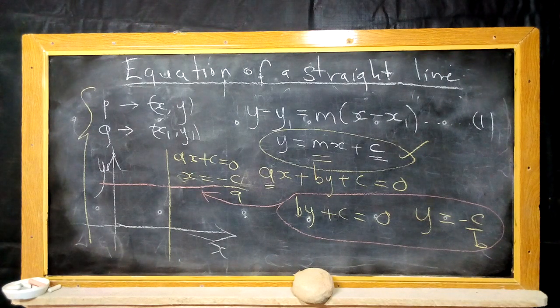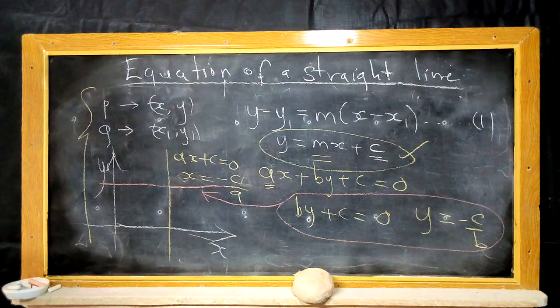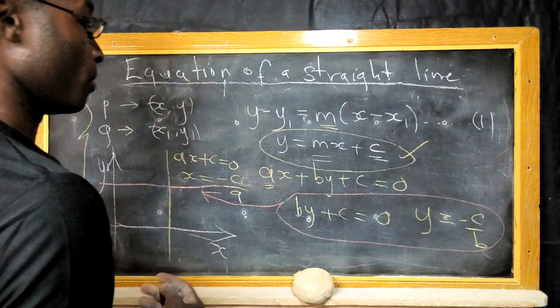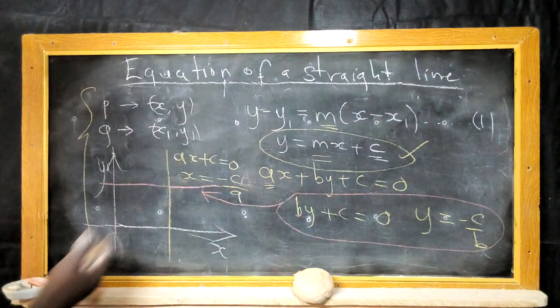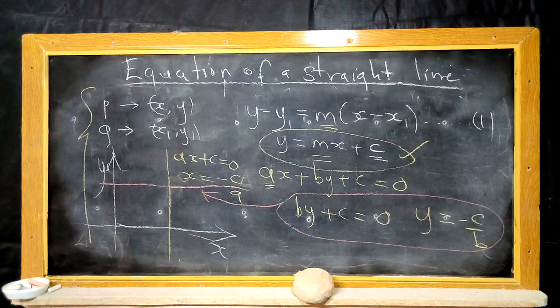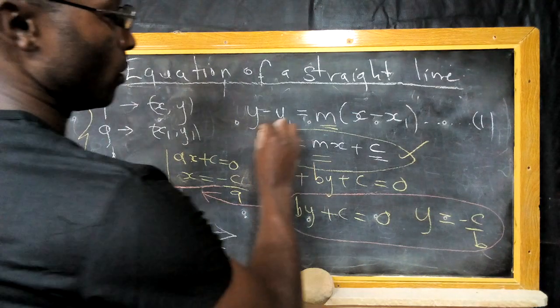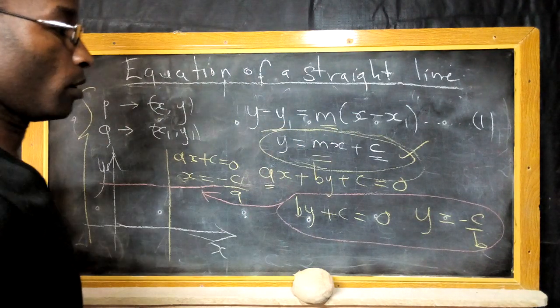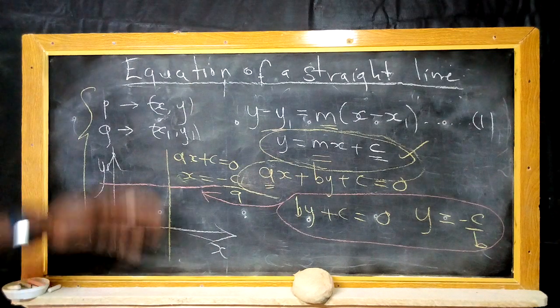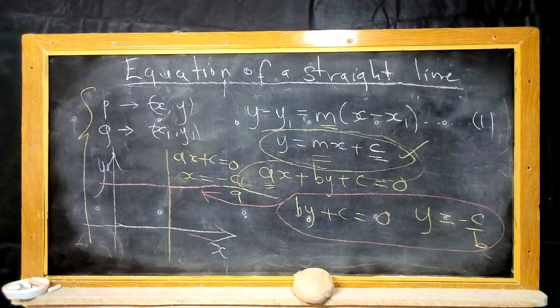Simply, it was about seeing how we can derive a gradient and how we can explain the characteristic of a straight line that has an inclination or slope, and the two lines which are parallel. For a straight line that has a slope, we use that equation to express it. And for a line that is parallel to either the y-axis or the x-axis, this general formula is applicable.